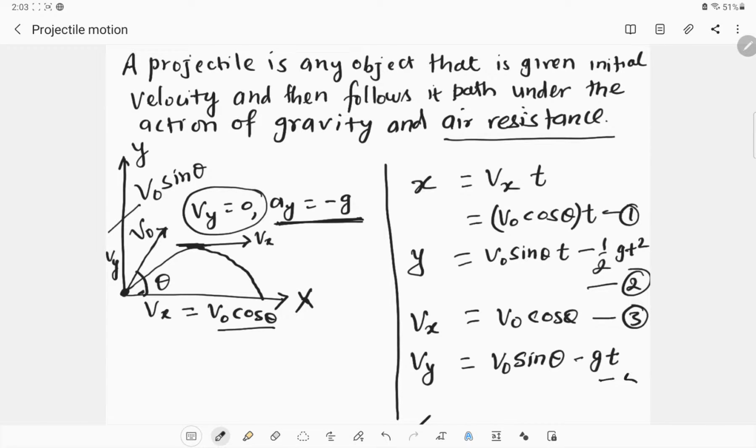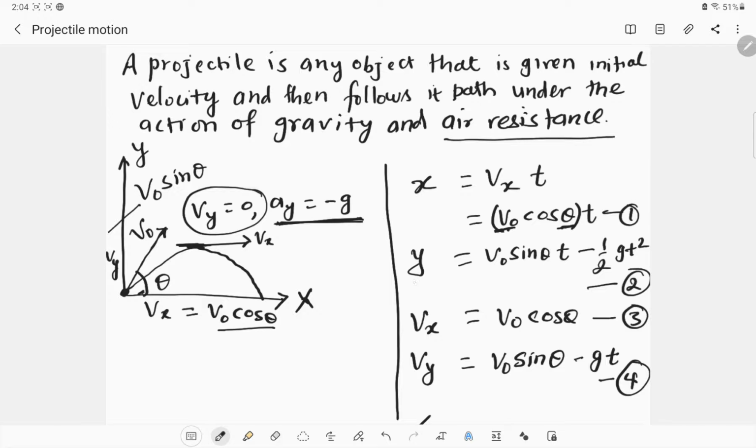So this is equation 4. These are the 4 equations that determine the position and the x and y components of the velocity of projectile motion. Looking at the first equation, the x position depends on the initial velocity and the angle theta subtended at the origin along the x-axis.